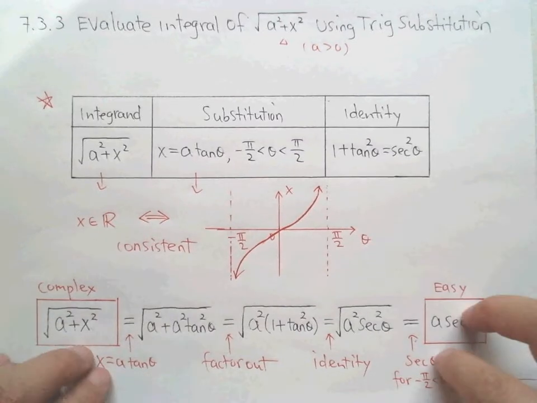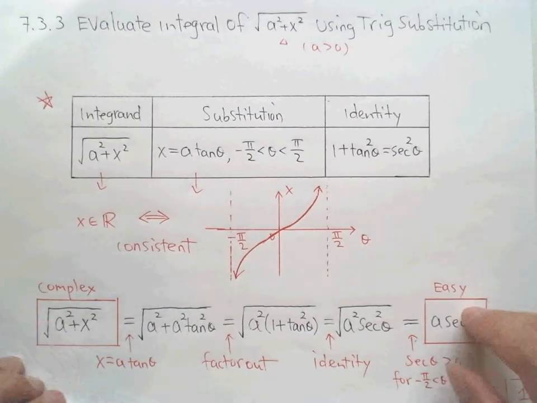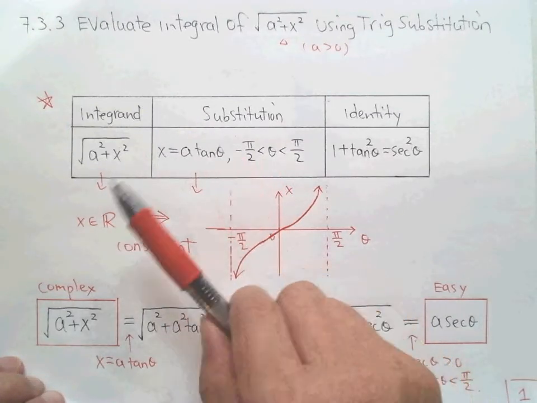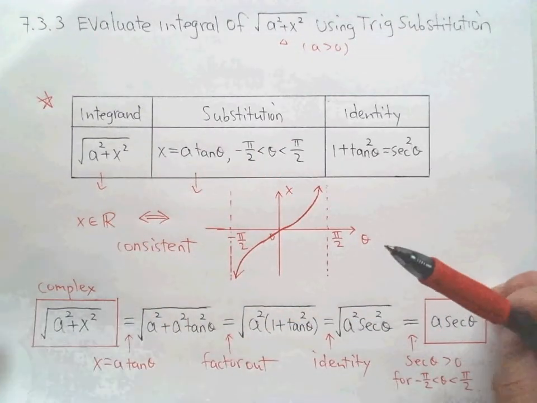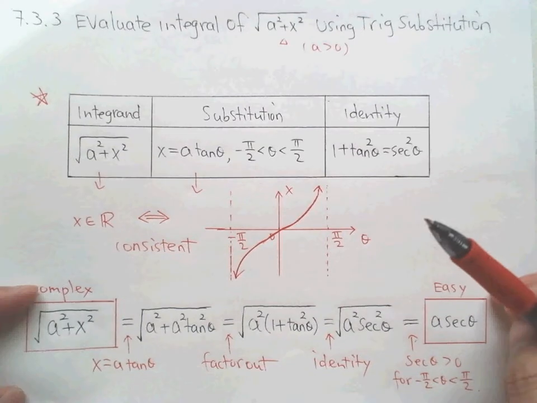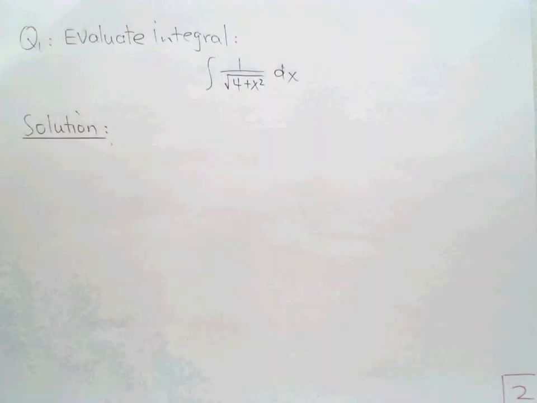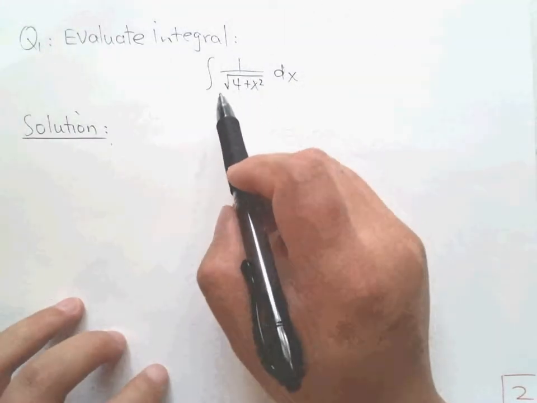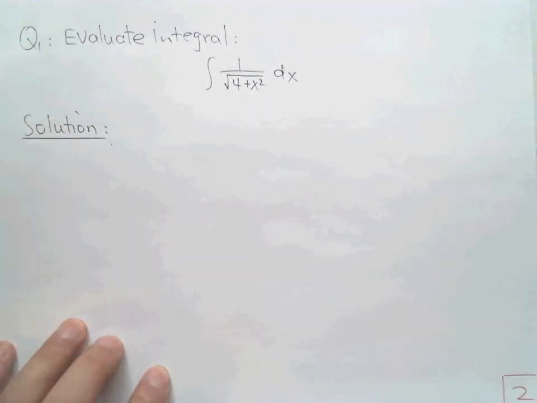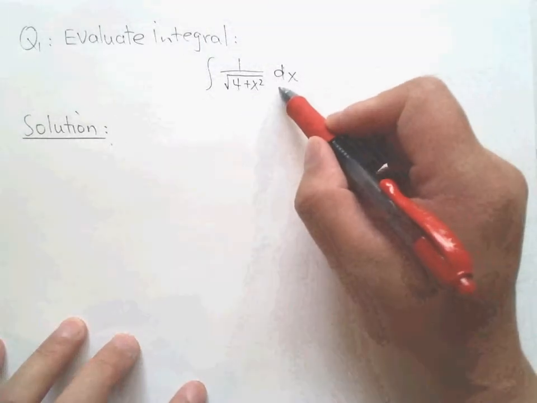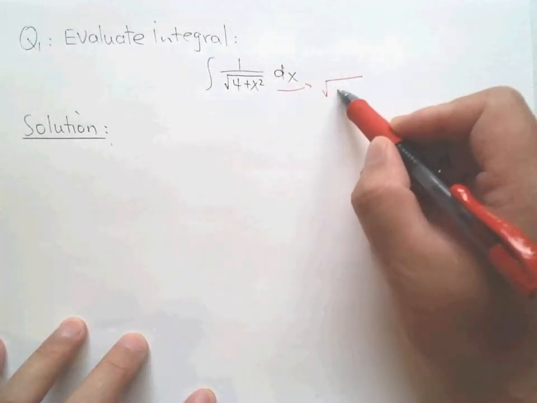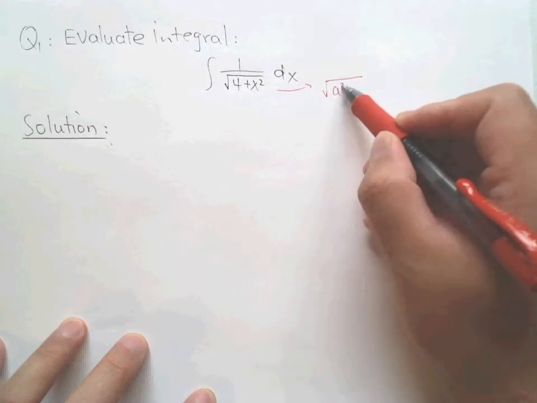Now I will show you only one example, how to use this substitution. The method is very organized; it's a well known method. The integral is of the type square root of a squared plus x squared.